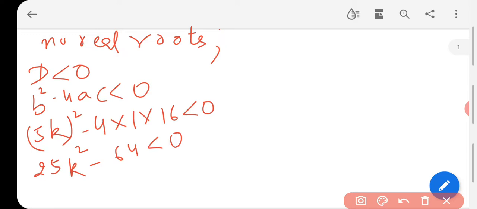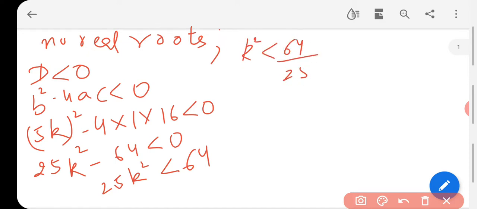Okay, now see, we'll solve it in the same way, with the steps we take in the equality method. So the next step is what? 25 k square lesser than minus 64, move to this side, becomes plus 64. Now 25 k square, so k square is lesser than 64 upon 25. 25 goes to the denominator. 64 is the square of 8, and 25 is the square of 5.